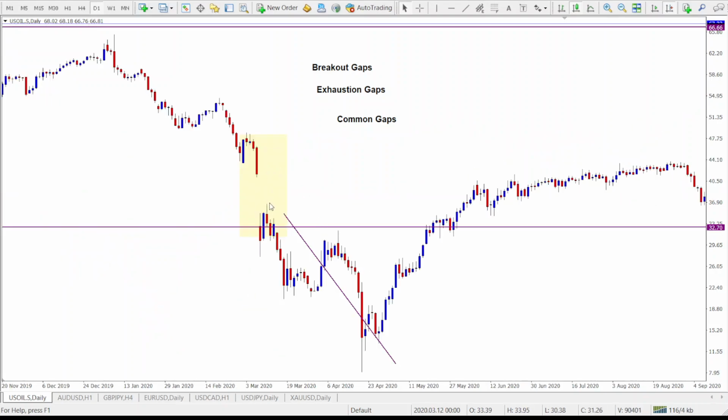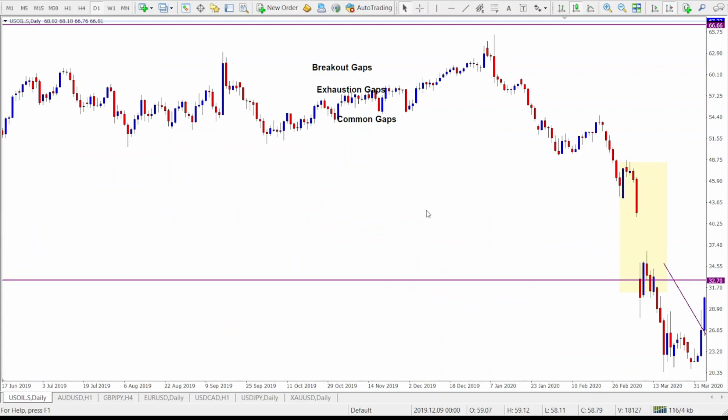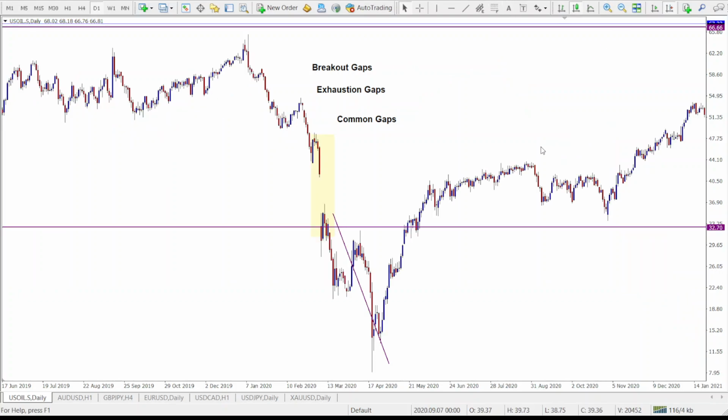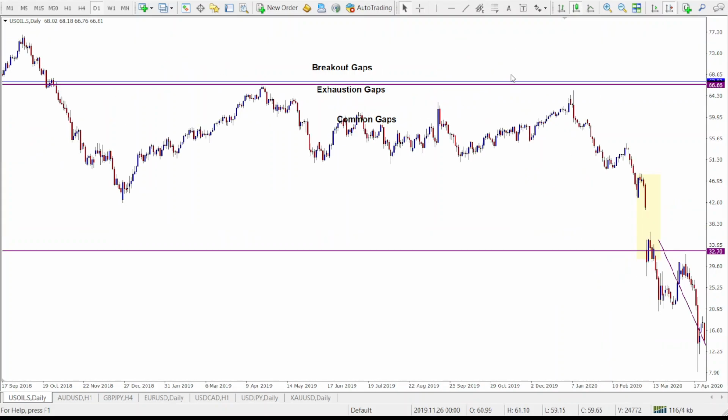Because you can see that these ones were quite wide, right? These ones were quite wide, but it does not necessarily mean that you might not find some common gaps that will be a little bit less wide, but common gaps usually occur during just regular market fluctuations.